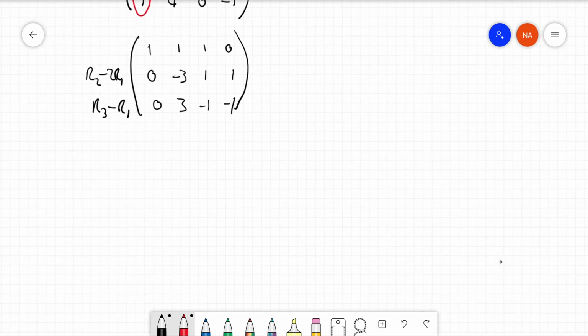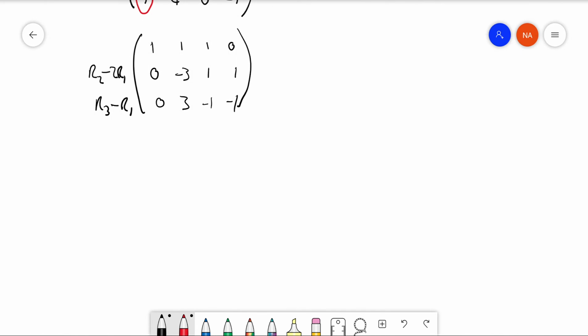Then something somewhat unusual will happen, but it's a little bit awkward. What I would like is to get myself a 1 there. I can divide by negative 3, but then I'm going to get negative a third next to it and negative a third there. I might just leave that as a negative 3 for now. I'm going to first of all get myself a 0 there.